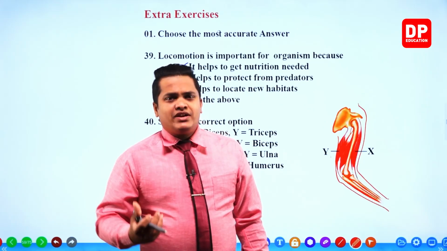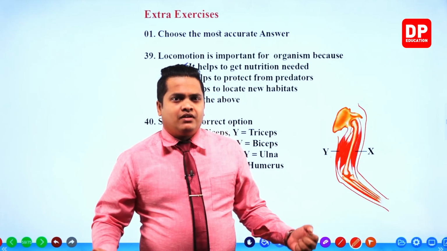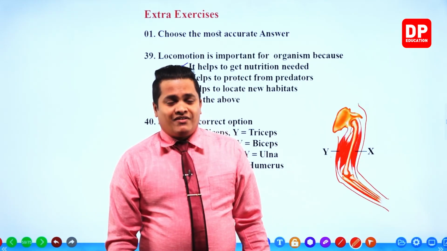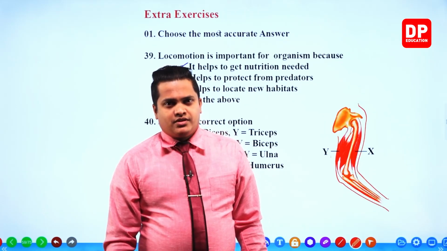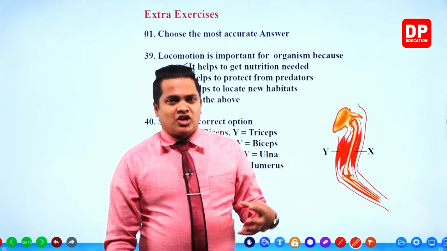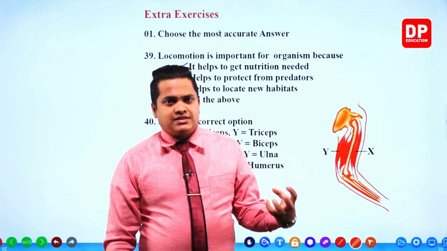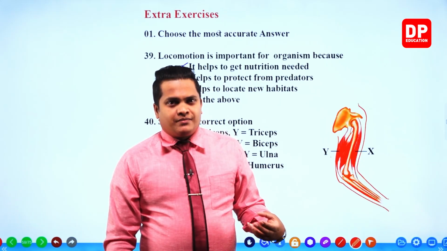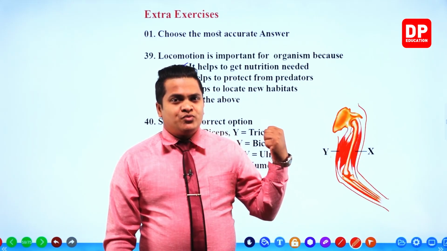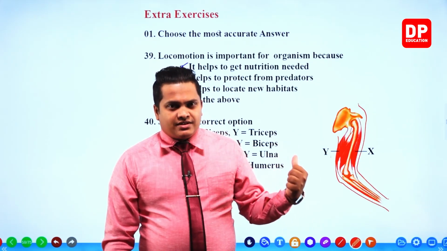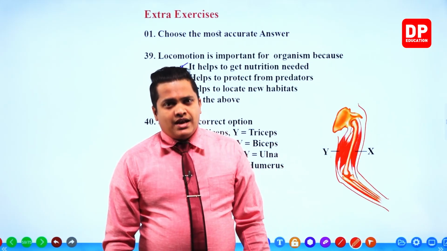To find our nutrition, my dear children, our legs or limbs are very important. Our appendages are very important. These appendages give us a chance to get the nutrition that we want. So locomotion is very important to provide the nutrition which is needed for the animal.